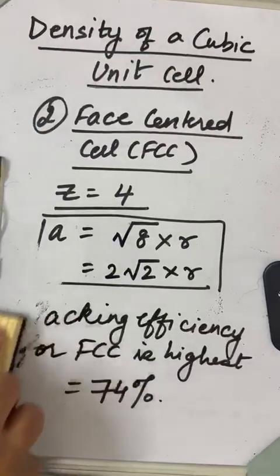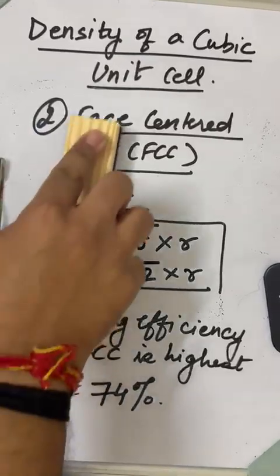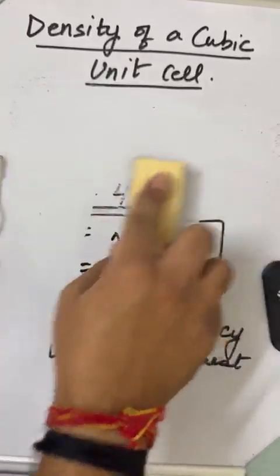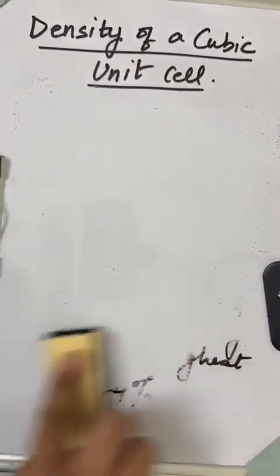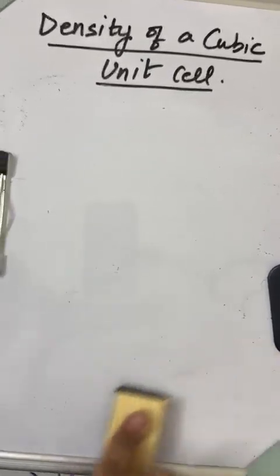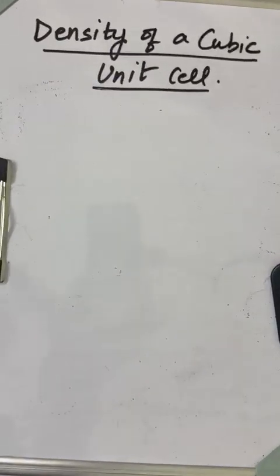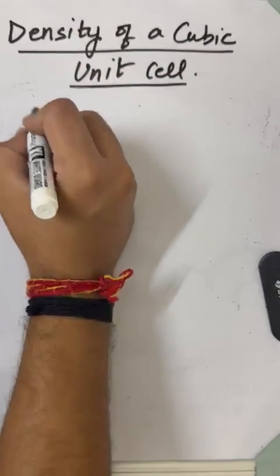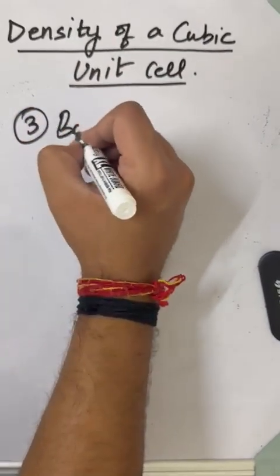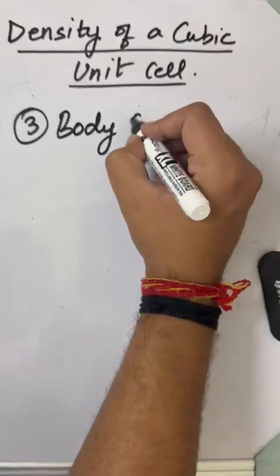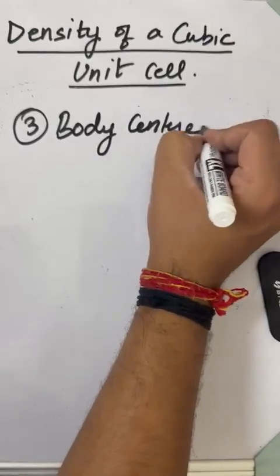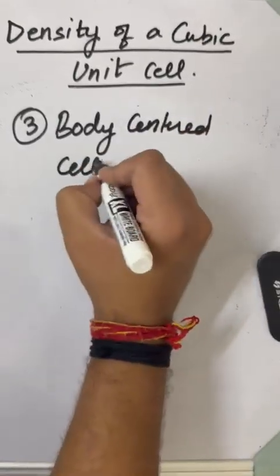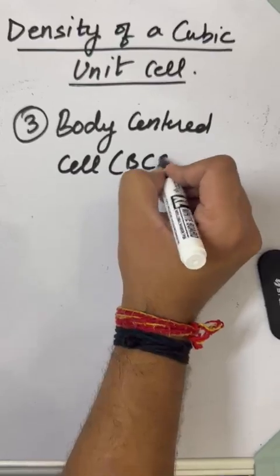So now we'll talk about the body-centered configuration, and then we'll move on to the example. Talking about the body-centered configuration, body-centered cell, which is also called BCC.